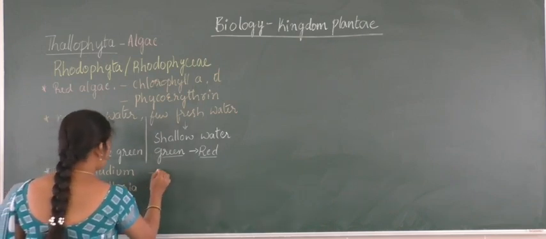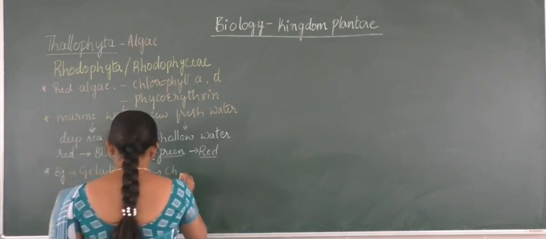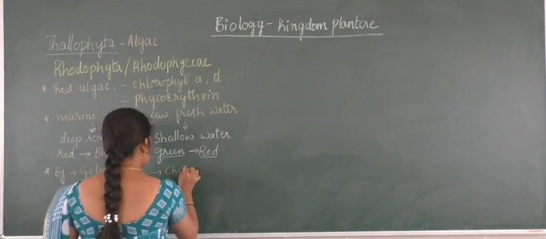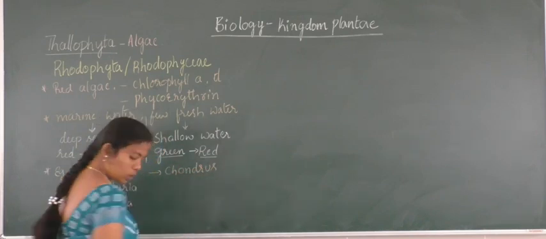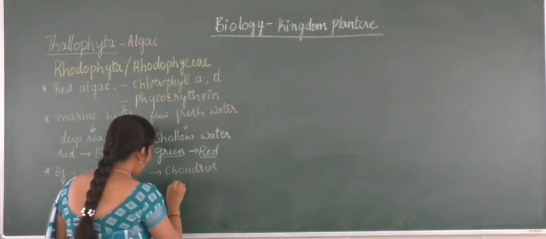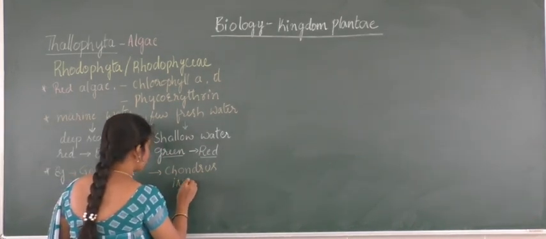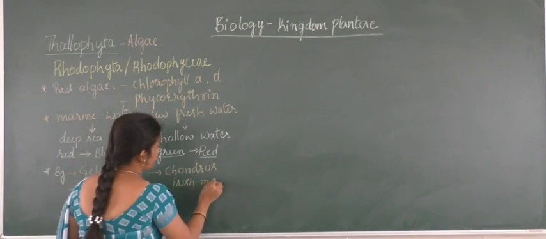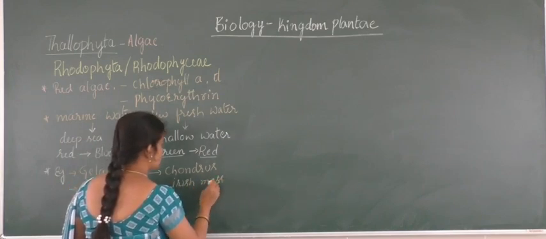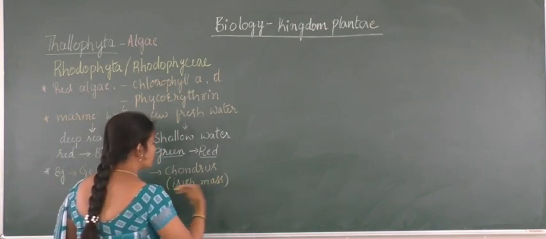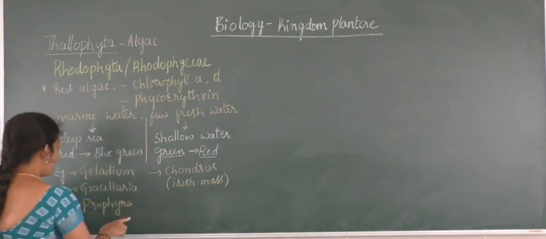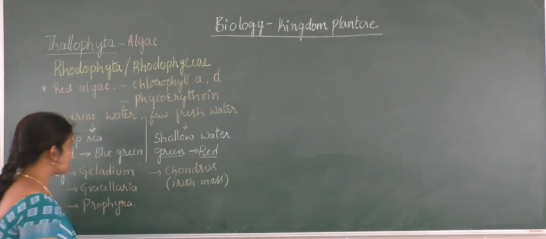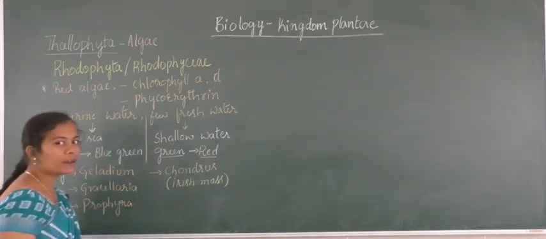And fourth one, Chondrus. This Chondrus is also called Irish moss. Here Gelidium, Gracilaria, Porphyra and Chondrus are the best examples for red algae.